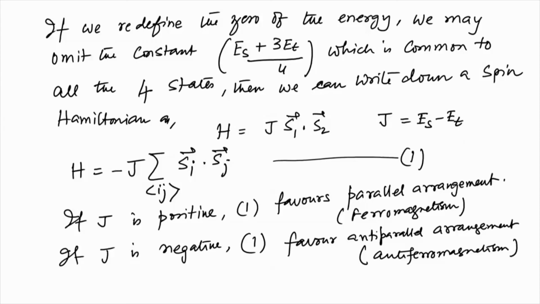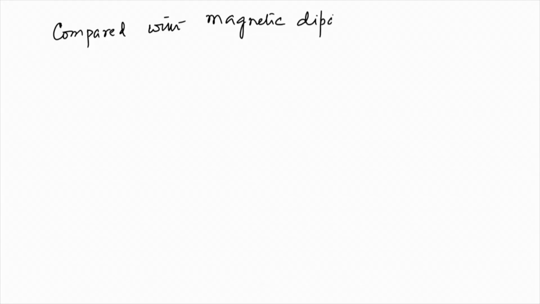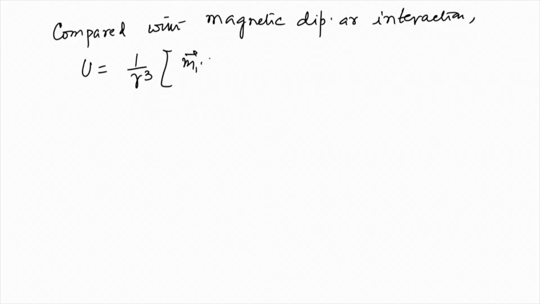And so, this can be actually compared with the magnetic dipolar interaction, like this, which is 1 over r cube times m1 dot m2.